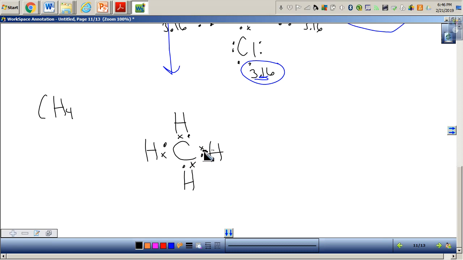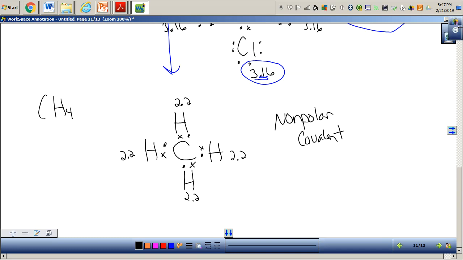So no lone pairs and we have 4 single bonds, so it's tetrahedral. If we put our numbers in, we don't have one side of the molecule that has higher numbers than the other, so we can't draw a dipole moment. That tells me this is probably nonpolar.